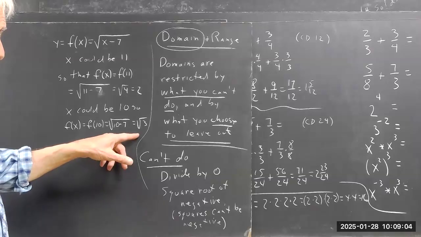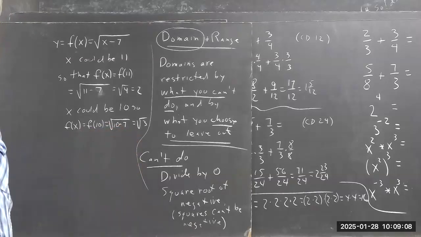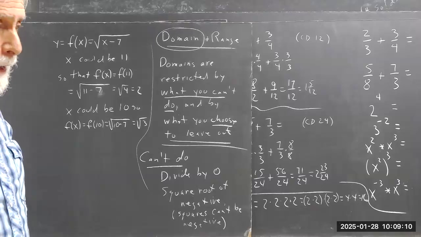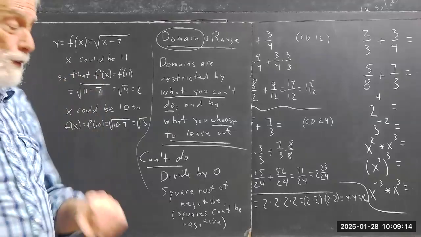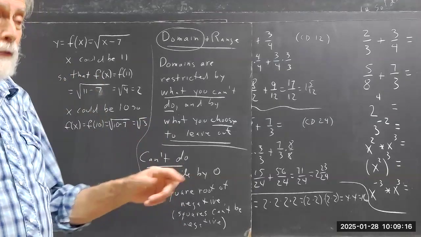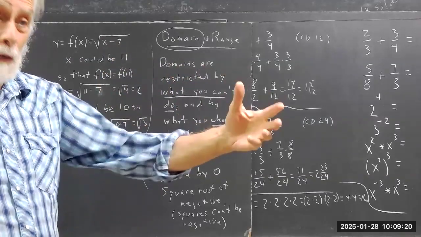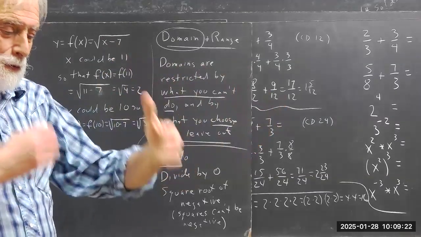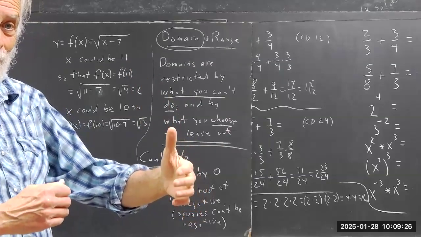But you can do the square root of 3. Like if you square 1.7, you get 2.89, which is less than 3. If you square 1.8, you get 3.24, which is more than 3. So you've got the square root of 3 squeezed between 1.7 and 1.8.